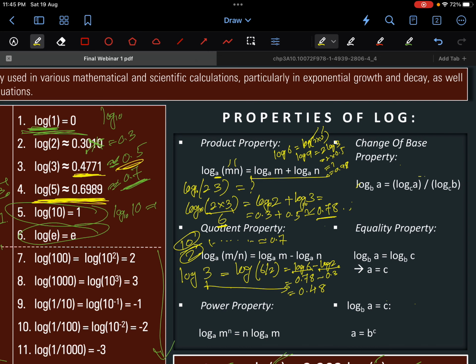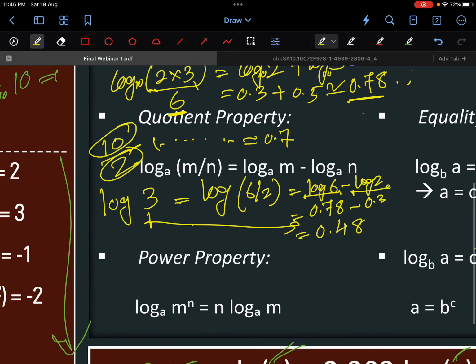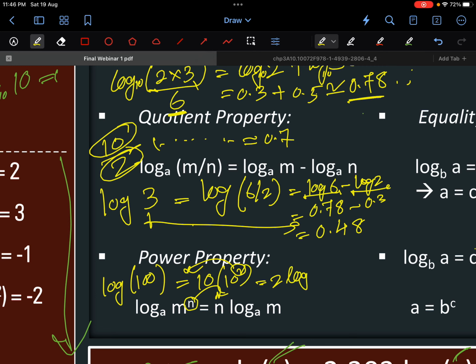Okay, the next property of log is the power property, that is whatever is in the power comes in the prefix, it comes before the log. If we take an example of log 100, we can write log 100 as log 10 squared, and as we just saw, this power will come in front, that is 2 into log 10.